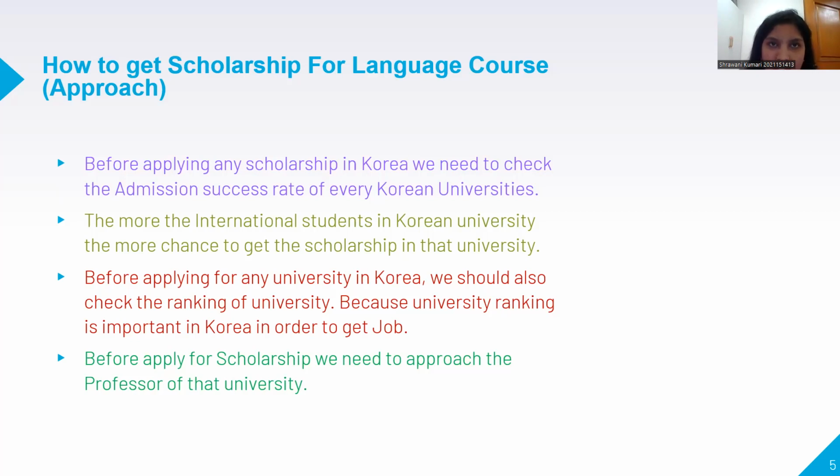For example, I want to do robotic engineering at Seoul National University. So first we have to check out the professors of that department, select one professor, and email that professor that I want to study at Seoul National University. My research area is this, and you also mention your qualifications, and you also have to mention that next year, in 2024, I'm going to apply for GKS.